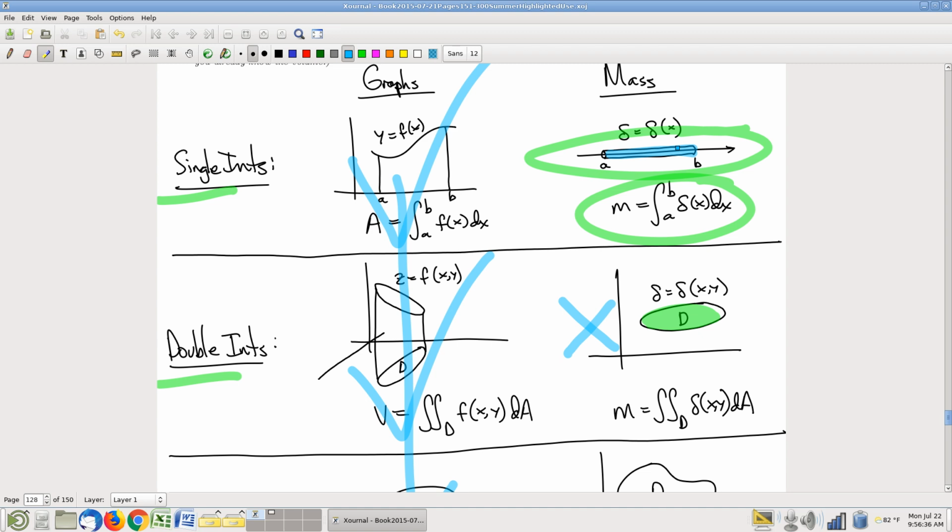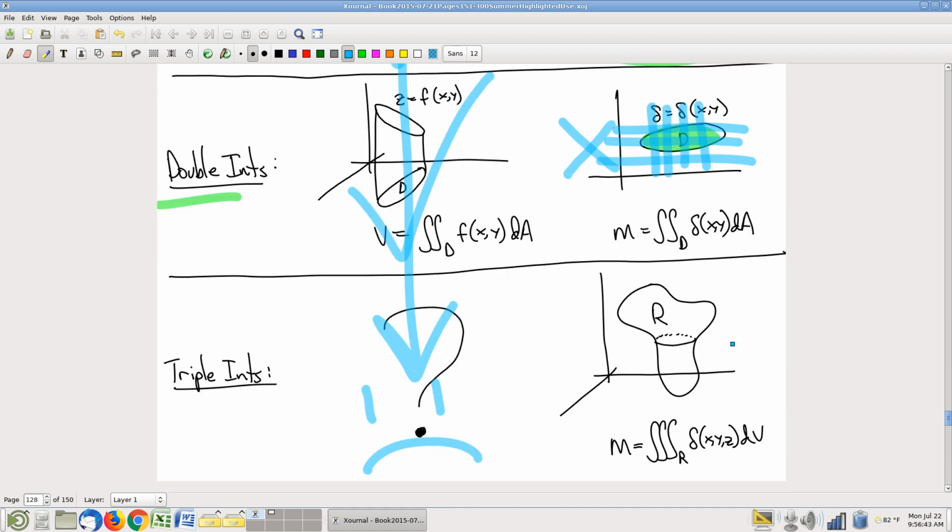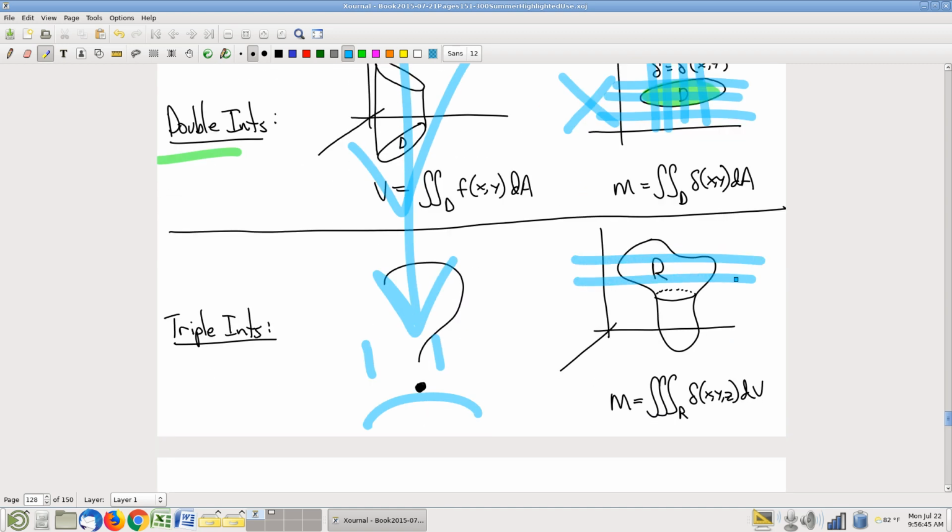Chop it up, add it up. Likewise here you have to chop in two different directions, but you chop it up, add it up. It's going to be the same thing for triple integrals. I just have to slice three different directions.